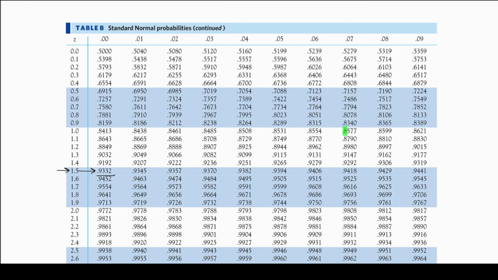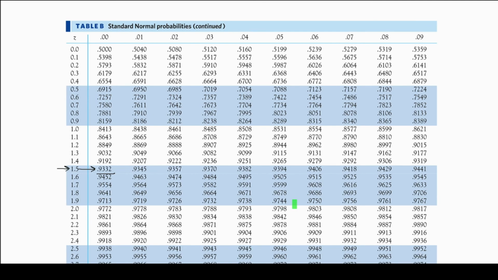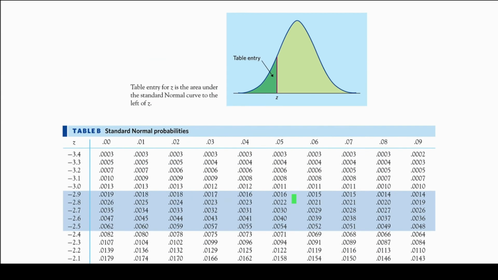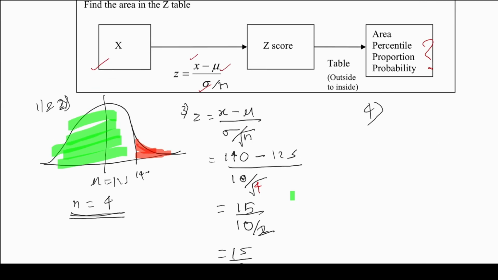For positive 3, we can locate 0.9987. I'm just going to write it here roughly.